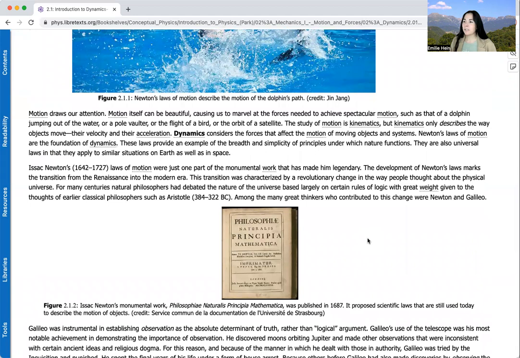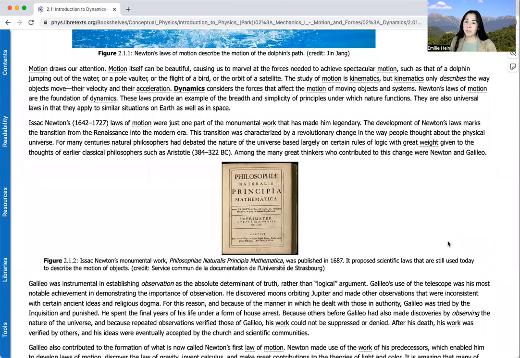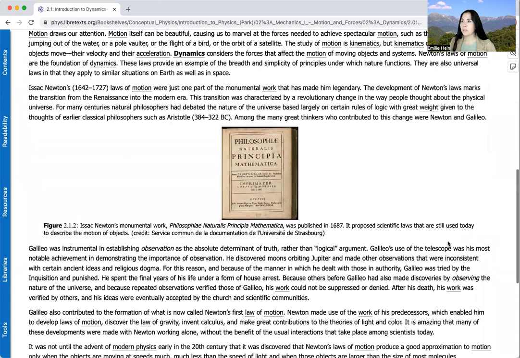This is putting things in context, and Newton's work in identifying these laws of motion. You'll see that this chapter relies on chapter 1, because as we talk about Newton's laws of motion, we will talk about acceleration, we will talk about velocity.